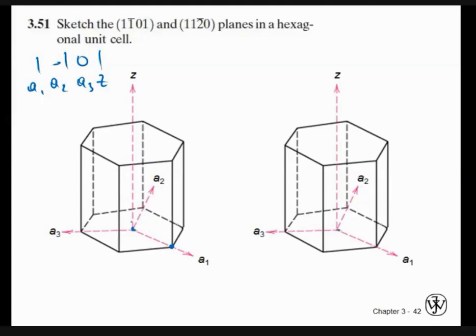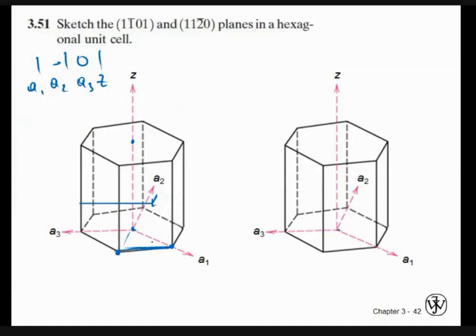A2 at -1. This is positive A2. This side will be negative A2. Here, negative A2. And it should intersect the Z axis at point 1 here. So what I need to do, connect these dots over here.